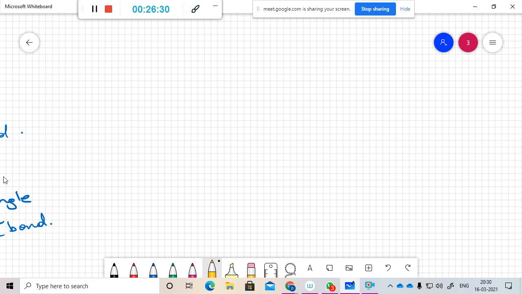Let us draw it once more. We are drawing the first R1.